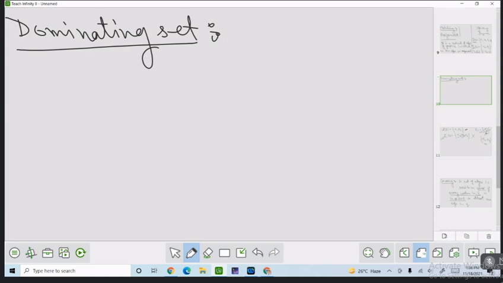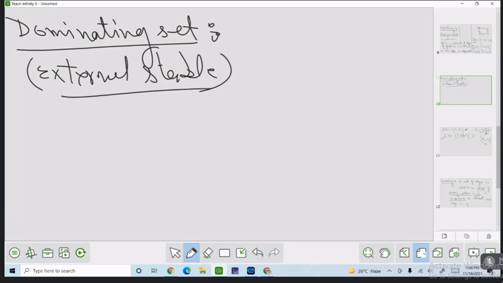Okay, so suppose we have a graph and we have some edges and vertices in that graph. So collection of that vertices is called the dominating set. Okay, dominating set is also called the external stable set. Okay, so we can say that it is a set of vertices that dominate every vertex.